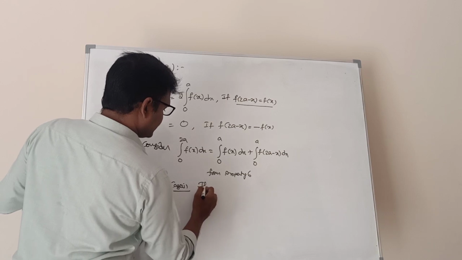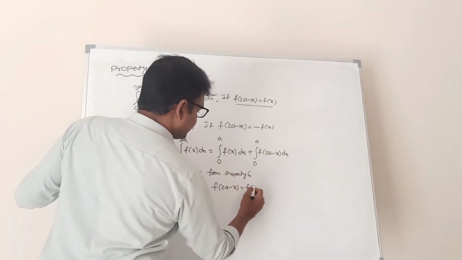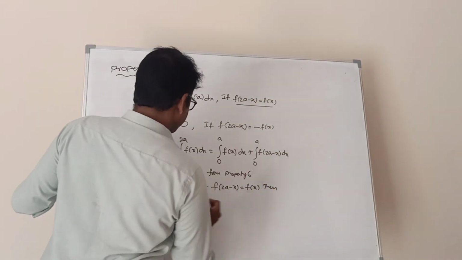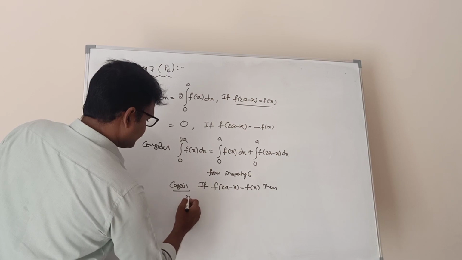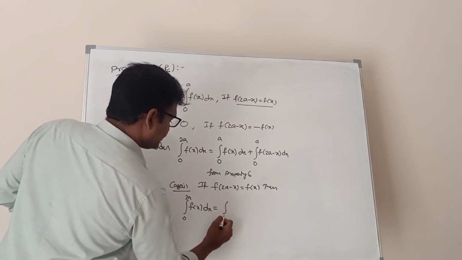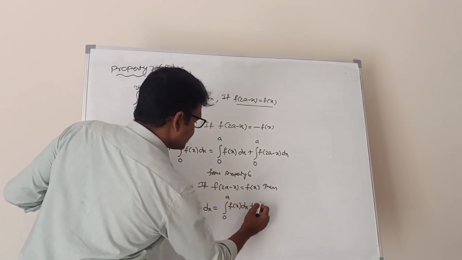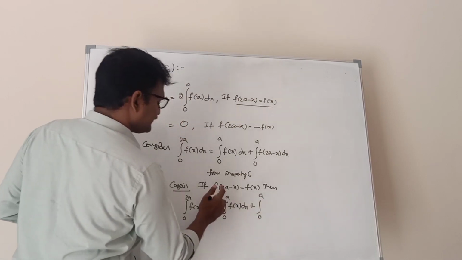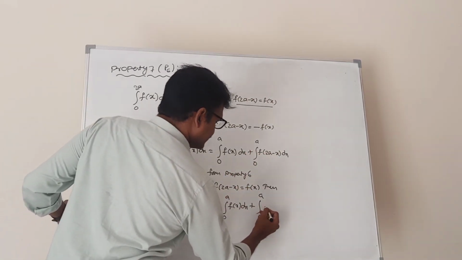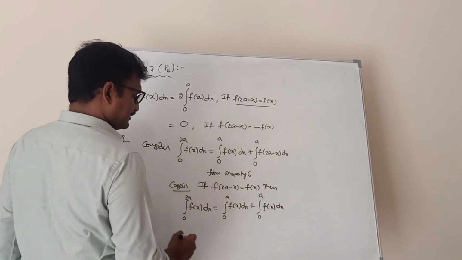If f of 2a minus x is equal to f of x, then integration of 0 to 2a f of x dx is equal to integration of 0 to a f of x dx plus integration of 0 to a, in the place of f of 2a minus x, replace with f of x.